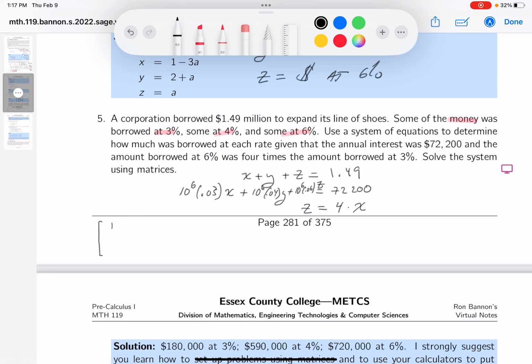What do you get? 1, 1, 1, a bar, and 1.49. That's done. Right. This other guy's trouble for me, though. What do you got? I'm going to divide both sides by 10 to the 6. So I'm going to say it's 0.03, 0.04, and then 0.06.